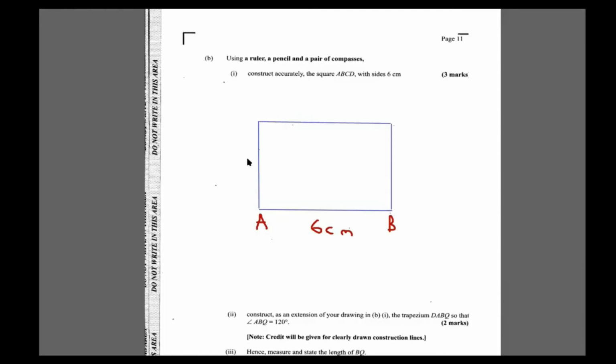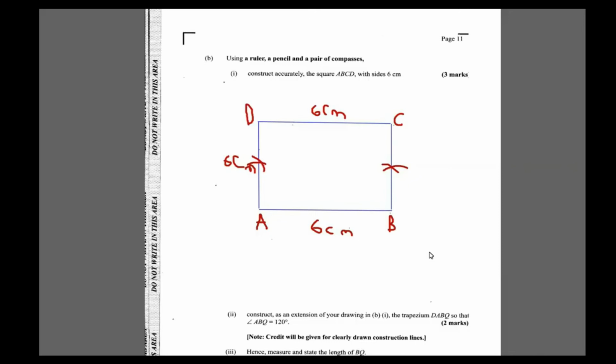So when you do your construction and swing your arc here and here, and extend your line through here, make sure that the distances from B to C and A to D are all 6 centimeters. And this gives you a square, nice and easy, no problem. All the sides are equal.